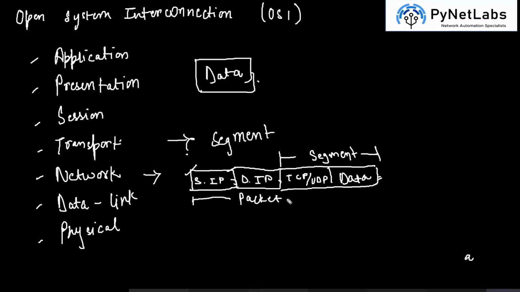Is it clear to you guys? So a packet includes information related to IP addresses, and with that it includes all the information which was there in a segment. Do you guys understand?